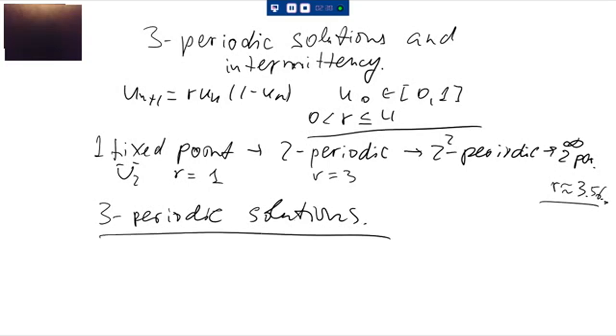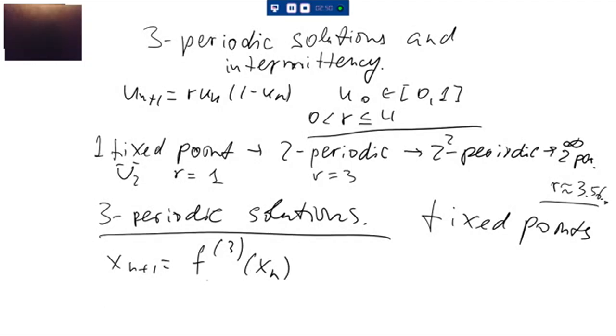So three periodic solutions for the logistic map appear to be fixed points for the three-iterate map. So x_{n+1} equals f^3 of x_n, where f is the logistic map.